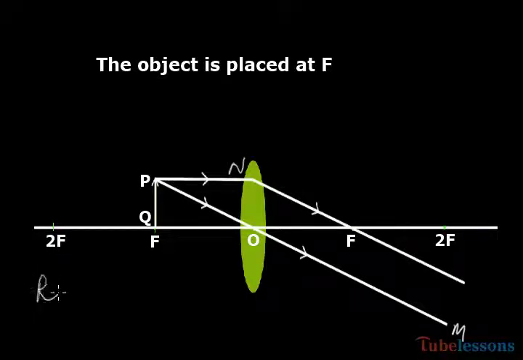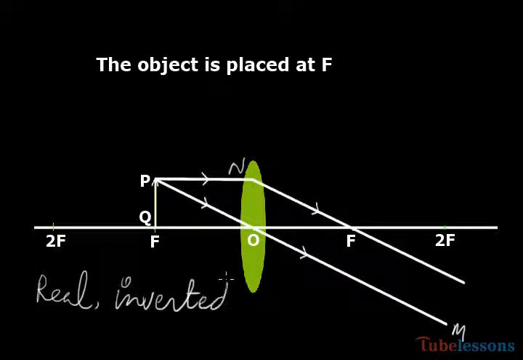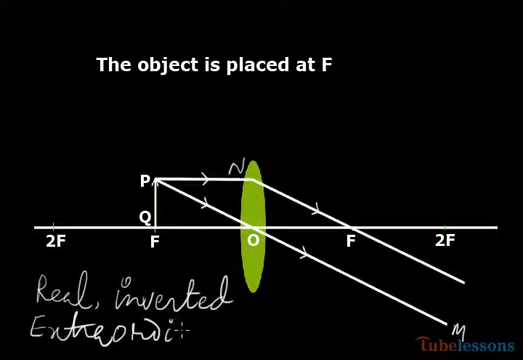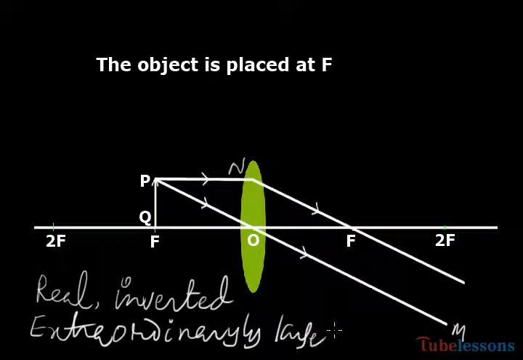So the image will be at infinity, and they will form a real image. Image will be real. Real means inverted, and as it is at infinity, it will be extraordinarily large, and position at infinity.